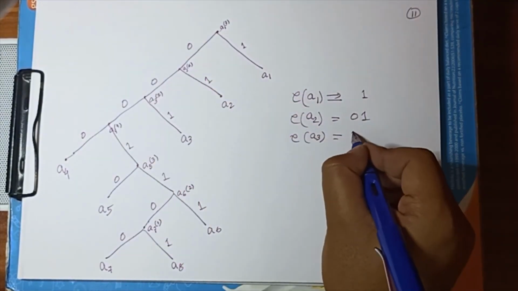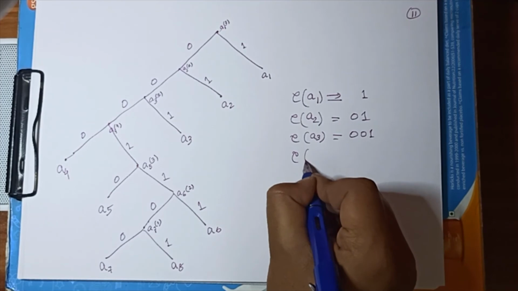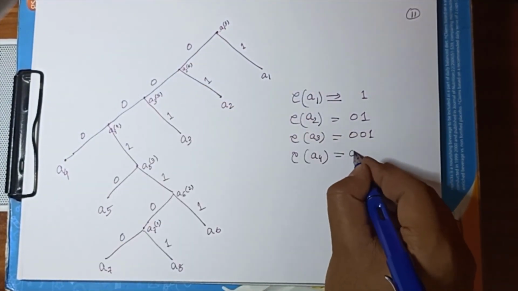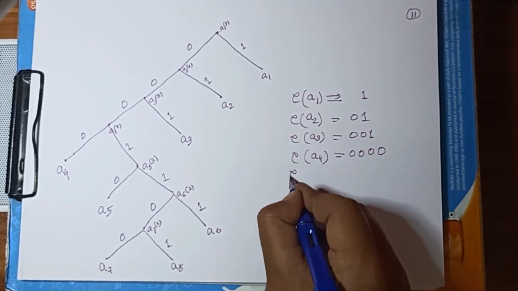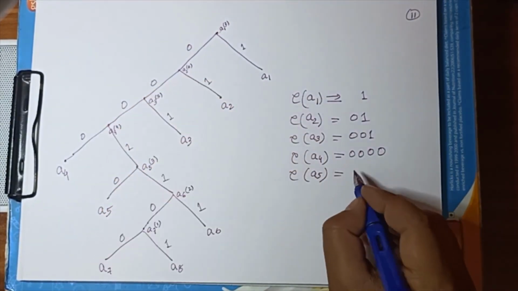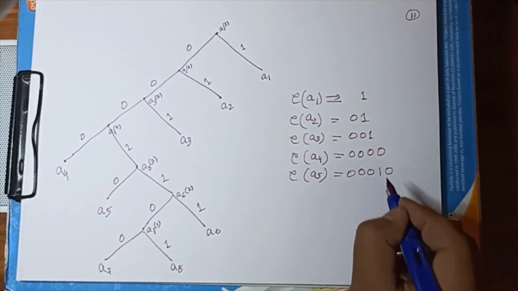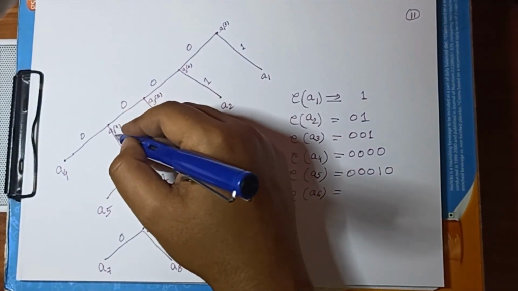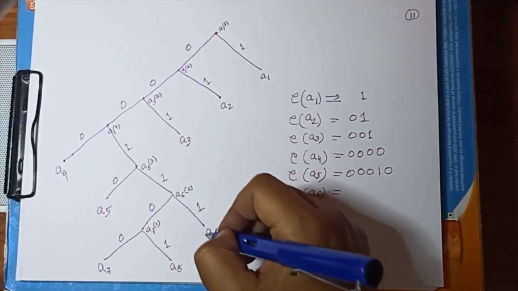Code of A3 is 0, 0, 1. Code of A4 is 0, 0, 0, 0. Code of A5 is 0, 0, 0, 1, 0. Code of A6 is 0, 0, 0, 1, 1, 1.